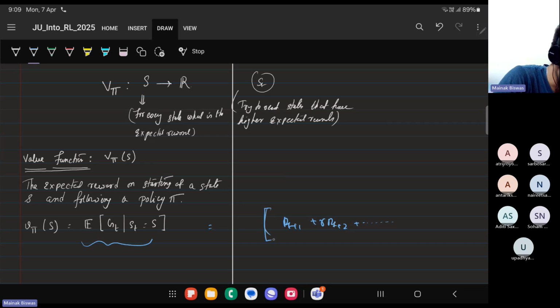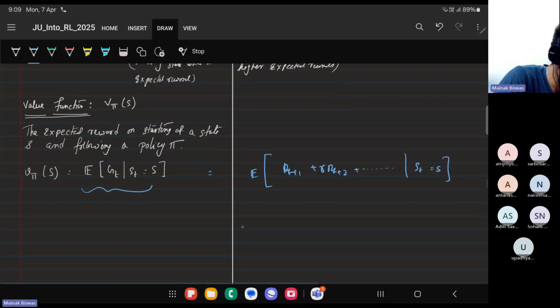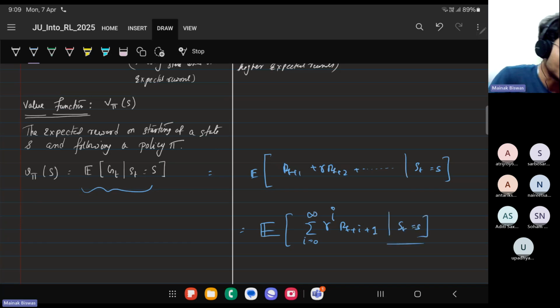You're trying to estimate what this is going to be if you are in a particular state S. So this is defined as the summation of I equal to 0 to infinity, gamma to the power I, RT plus I plus 1, given ST is equal to S. Any questions so far? This is just a definition.